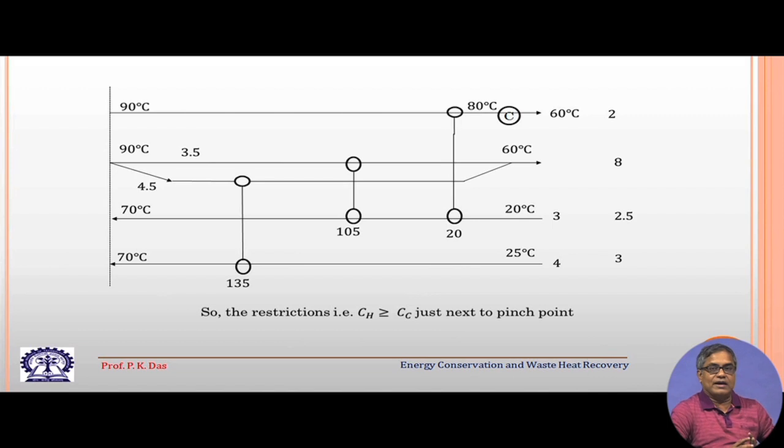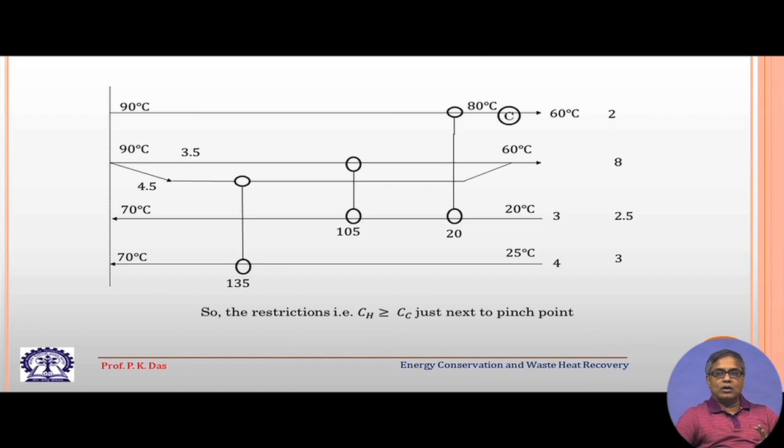Of course, we can get alternative designs also, and then we have got several alternatives, and then we can stitch. One possible hot end design can be stitched with one possible cold end design. So, then it will give the total design of the heat exchanger network, and our heat exchanger network synthesis is done.